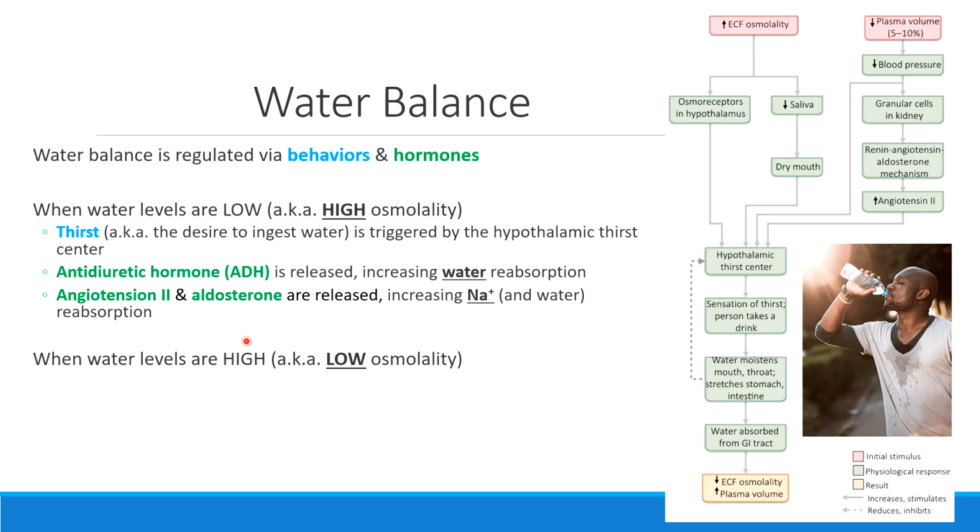When our water levels are too high, this is also problematic for the body. So if I have a lot of water in the body, my concentration of solutes would be very low. I'd have a low osmolality. In this case, I don't want to keep drinking water, so my hypothalamic thirst center would not be activated. We would even suppress it.